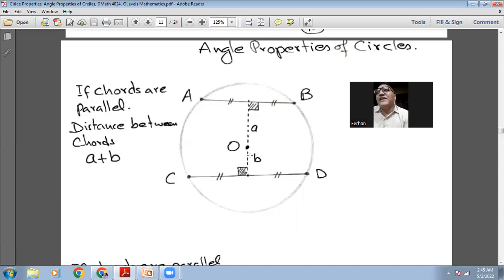For example, here you can see I have chords AB and CD, and I suppose that they are parallel to each other, but I have shown that they are on opposite sides of the center. The perpendicular distance of chord AB from the center is A, and the perpendicular distance of chord CD from the center is B. Then the distance between the two chords will be A plus B.